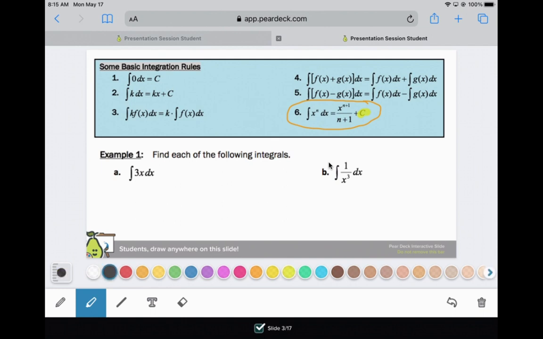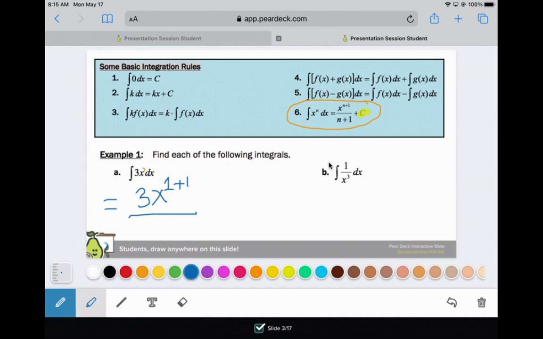This is 3x. There's nothing there, which is the same as x to the power of 1. So here's the rule that I'm going to do. With 3x, you see the power is 1, right? I'm going backwards, so it's going to be plus 1.